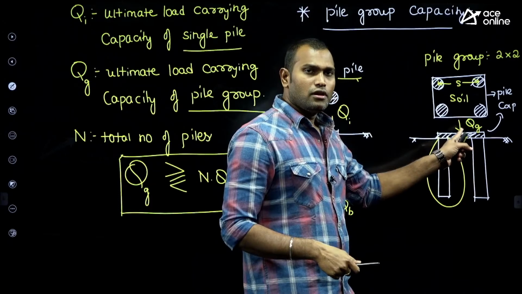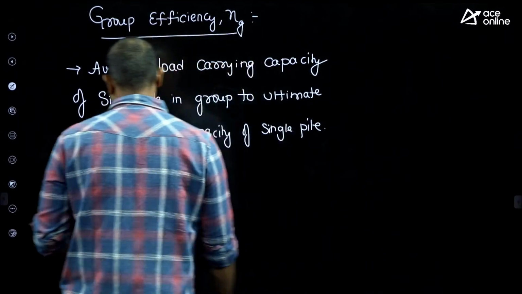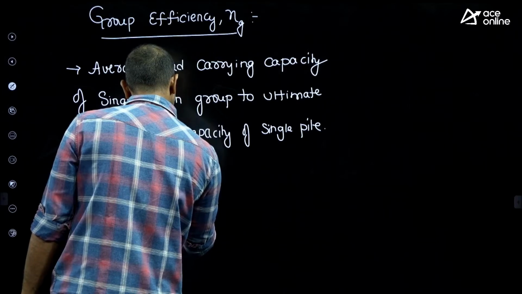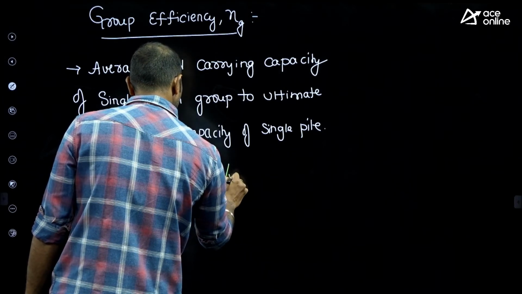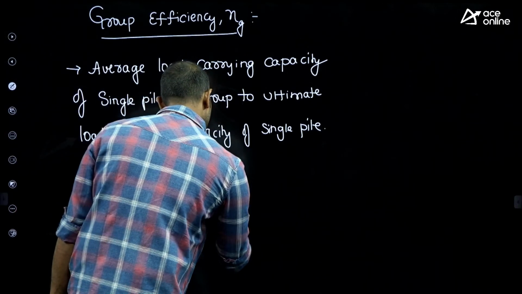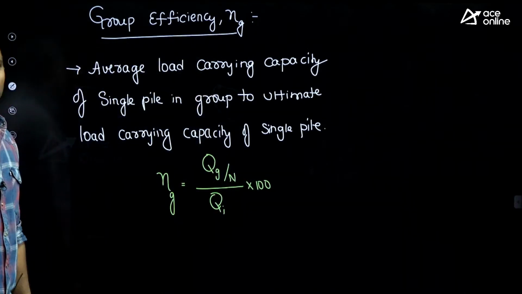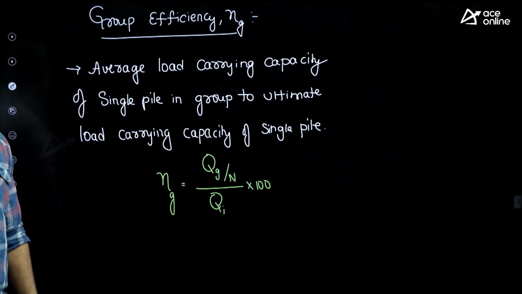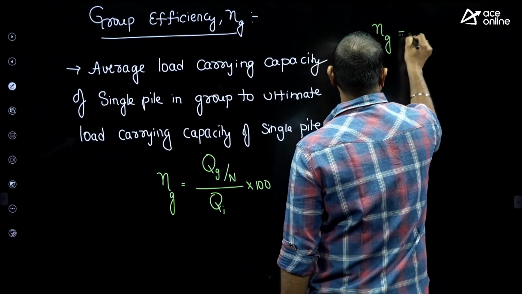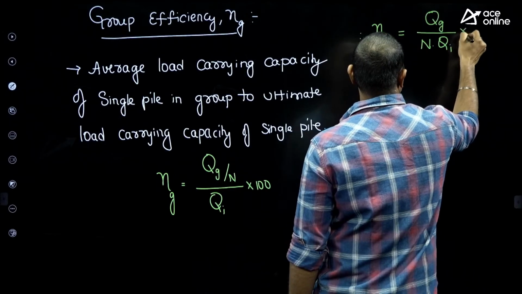Total is QG, it can be any value, but if I say average, that is divided by N. So the group efficiency, eta G, is equal to (QG by N) by QI into 100, that is QG by N into QI into 100.